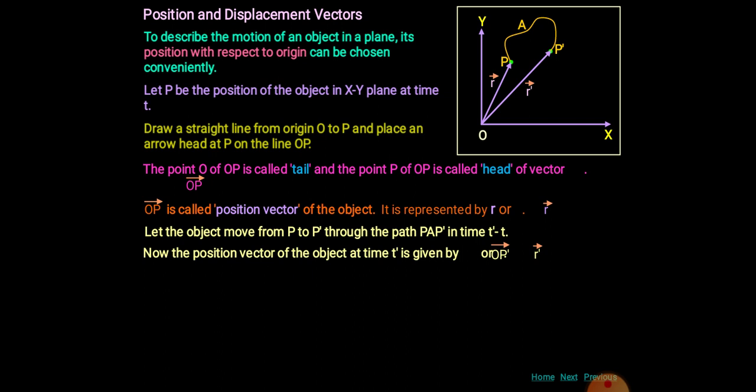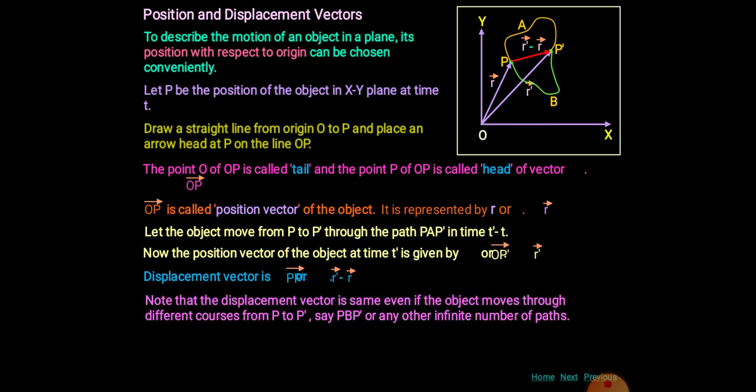Now the position vector of the object at a time T dash is given by OP dash. You can observe in the figure that we have represented it by the R dash vector. So the displacement vector here is PP dash, because the object is moving from P to P dash, and we can write it as R dash minus R. The first path, as you know, is PAP dash. The next path I have taken is P dash BP.